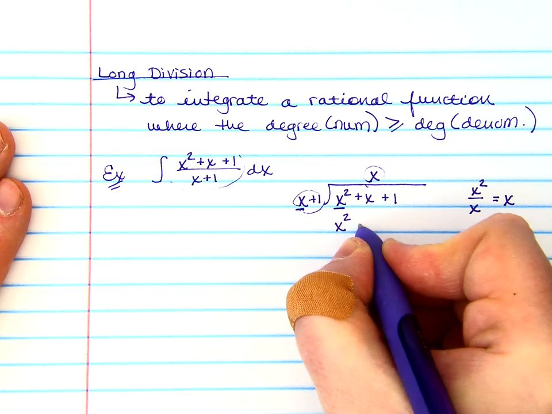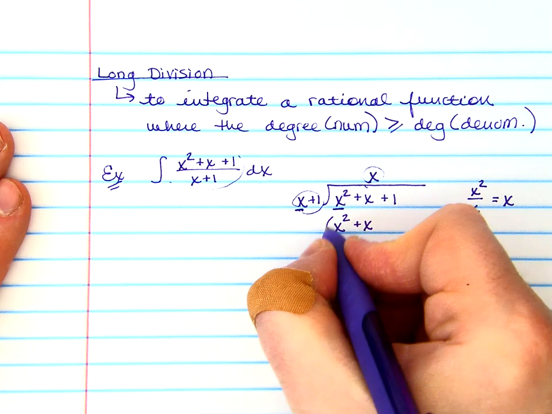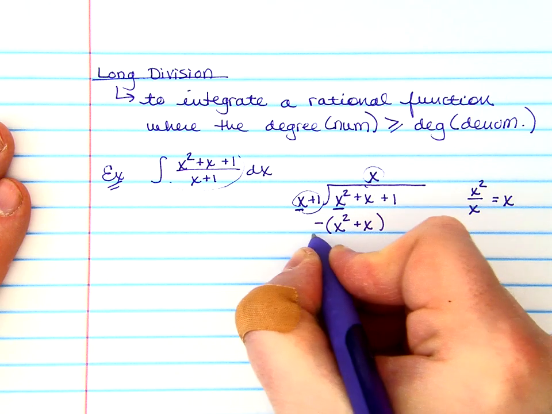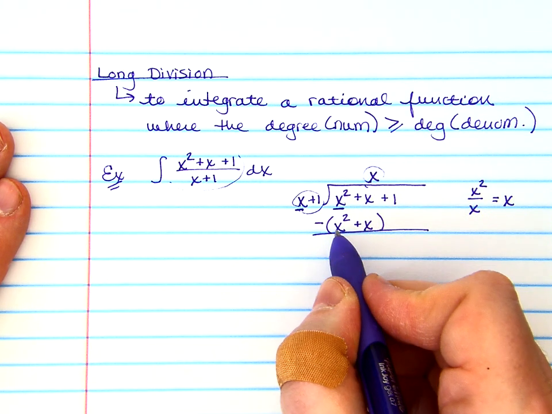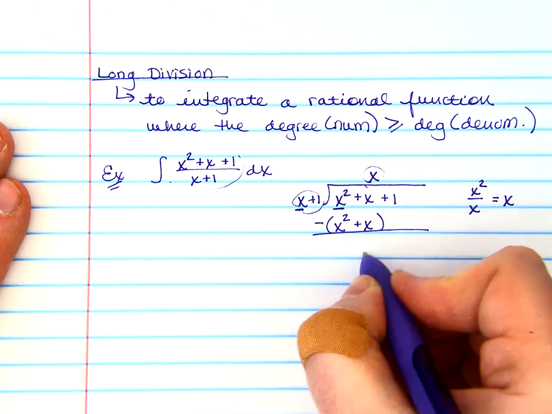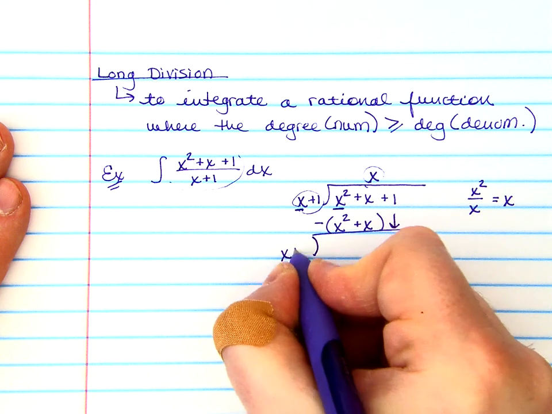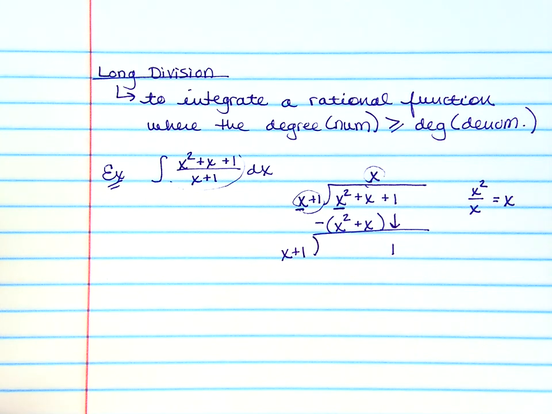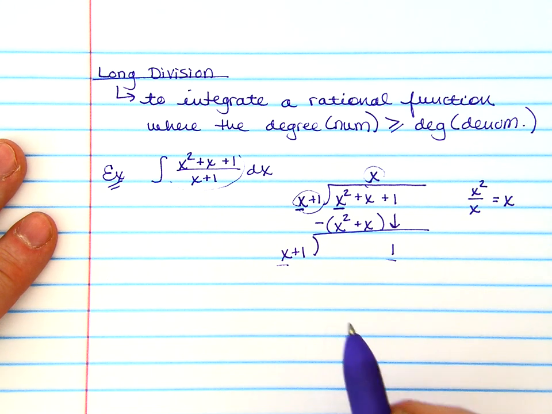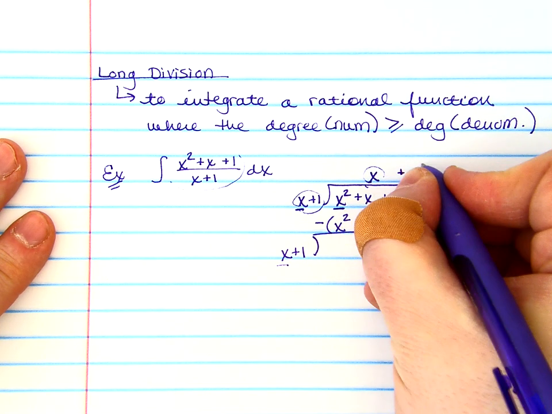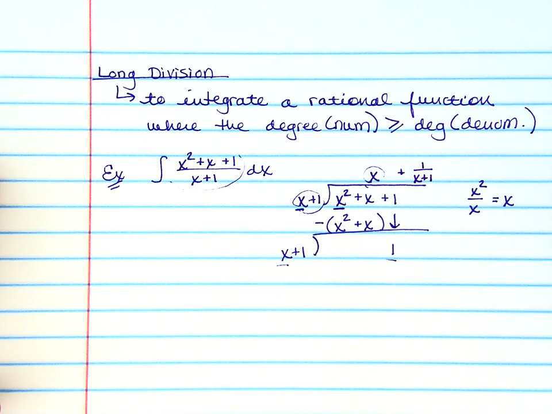That gives me x squared plus x. I'm going to put some parentheses in and subtract. In this case, the first two terms canceled. Usually just the first term cancels. That's okay. Those are gone. I'm going to bring down my next term. I try to restart my division, but I can't divide 1 by x, which means I'm done, and I have my remainder of 1 over x plus 1.